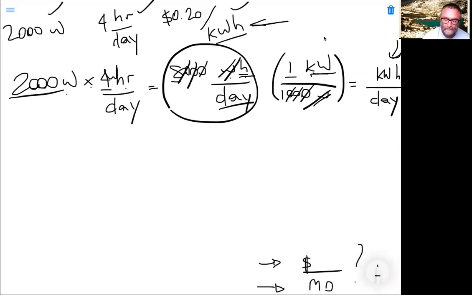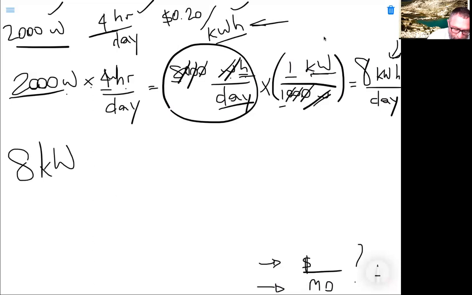8 times 1 divided by 1 is 8. So I know that this giant television running 4 hours a day makes 8,000 watt hours a day, which is 8 kilowatt hours per day. I've made this transformation because now that lets me use this, right?